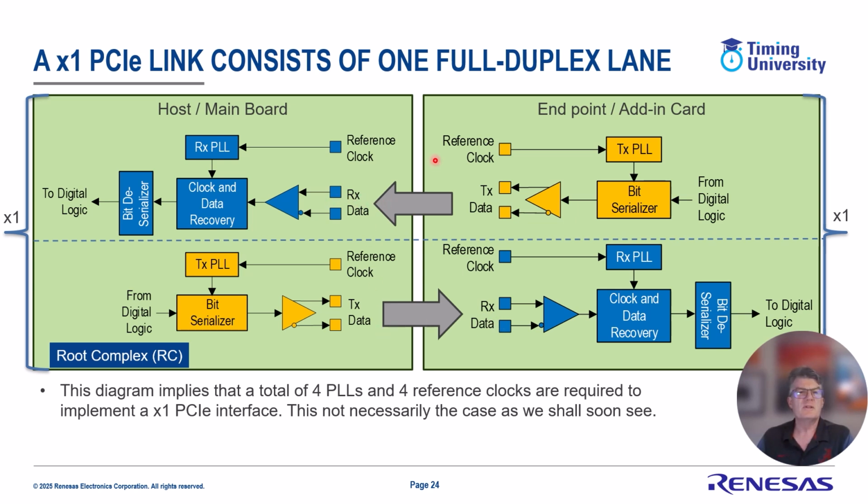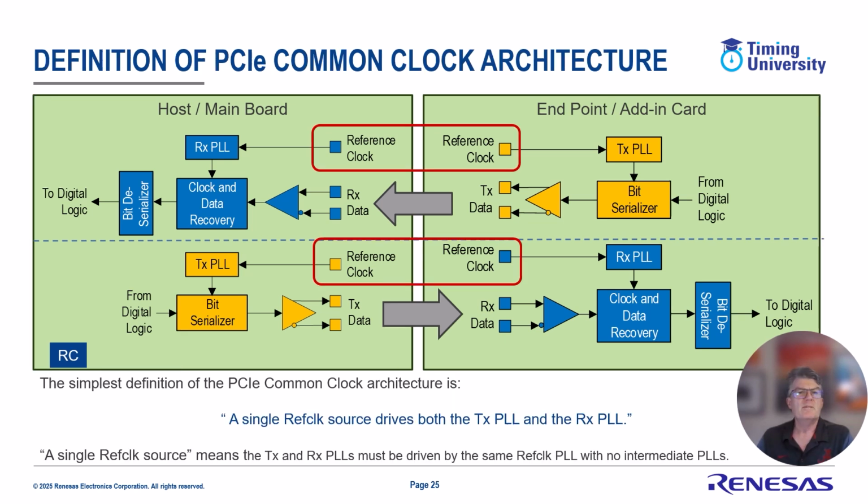So this looks a little bit like 1, 2, 3, 4 PLLs per lane, 1, 2, 3, 4 reference clock requirements. But once we get into the common clock, we'll see some great simplifications. So the definition of common clock is that the reference clock for the transmitter and the reference clock for the receiver are both sourced from a single ref clock.